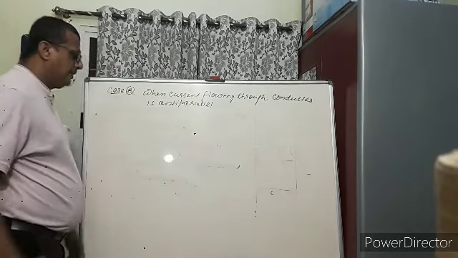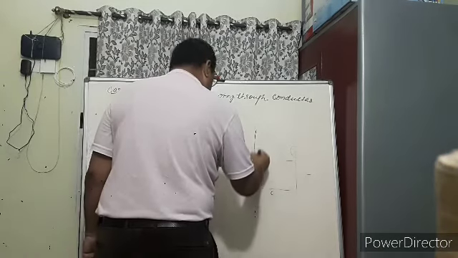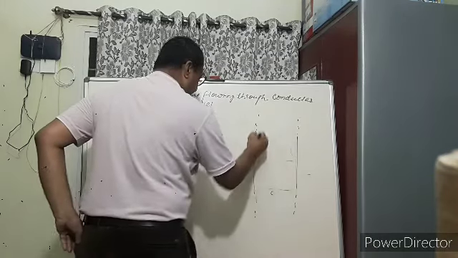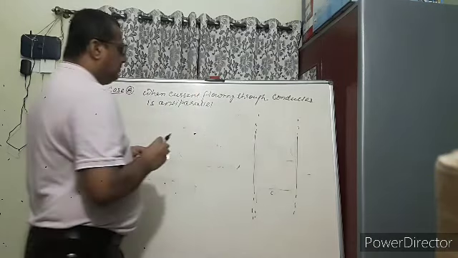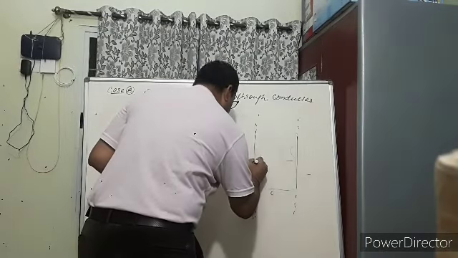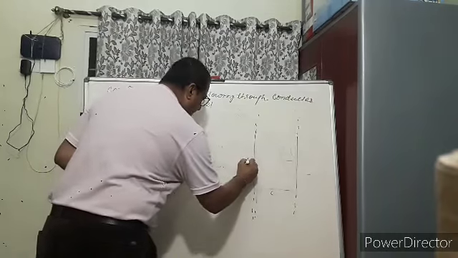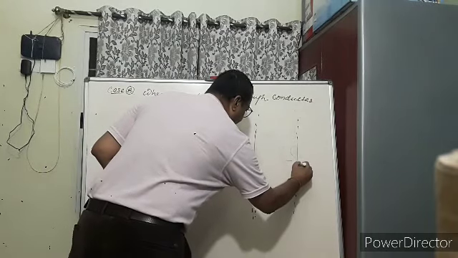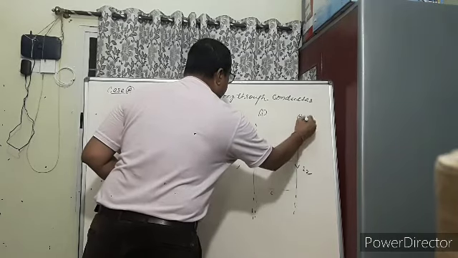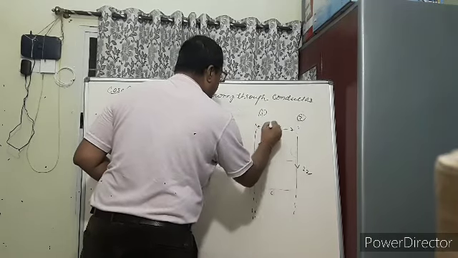Anti-parallel means there are two parallel conductors, both infinite in length. In one conductor the current is flowing upward, that is I1, and in the other conductor the current is flowing downward. This is the first conductor, this is the second conductor, and the distance between both is A.